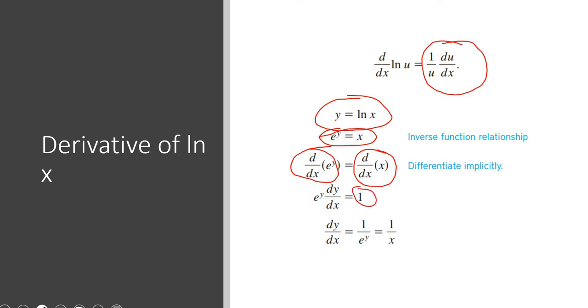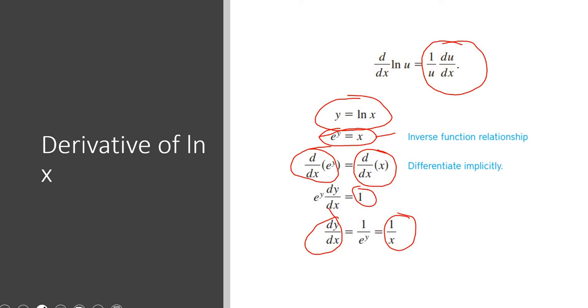And if we have dy/dx equal to 1 over e to the y, which we already said earlier is just x, as we can see up here, then dy/dx is going to be simply equal to 1 over x.